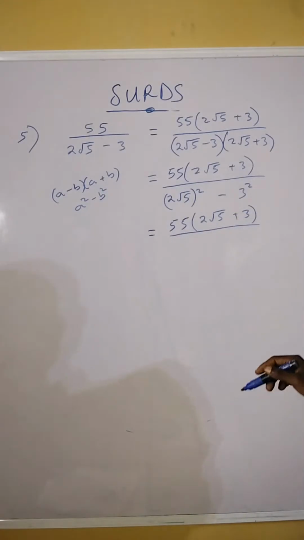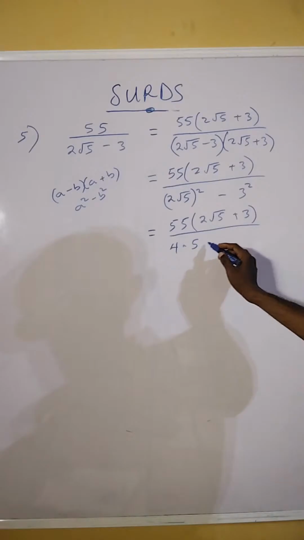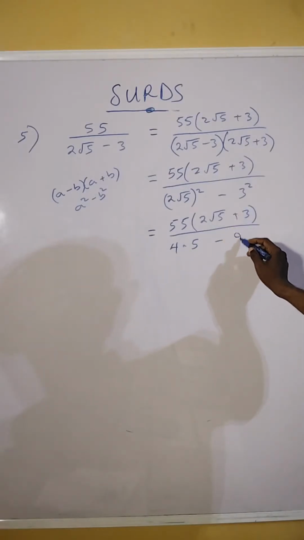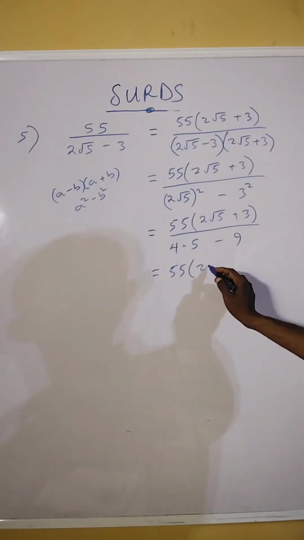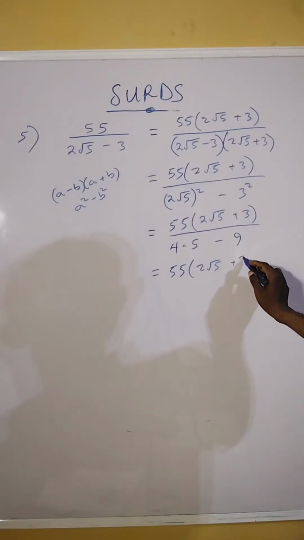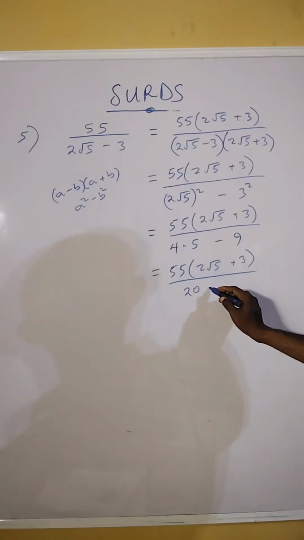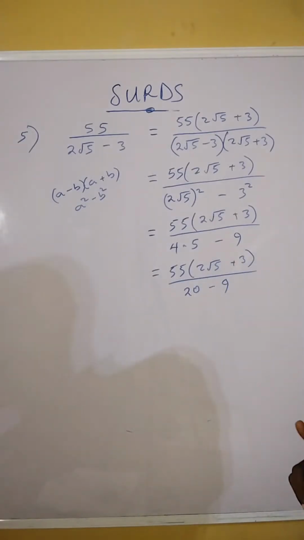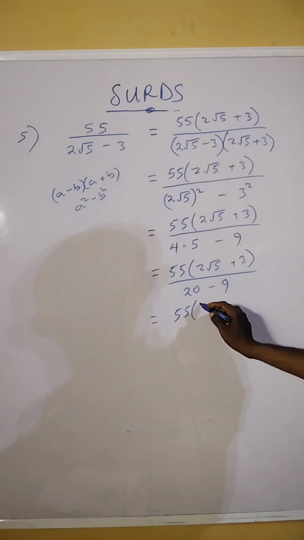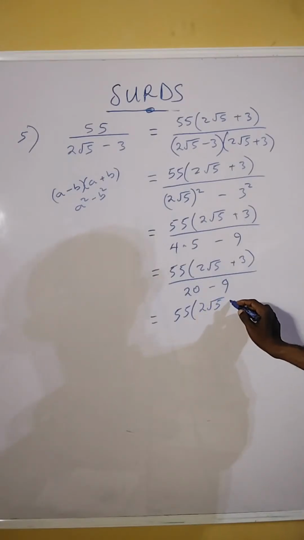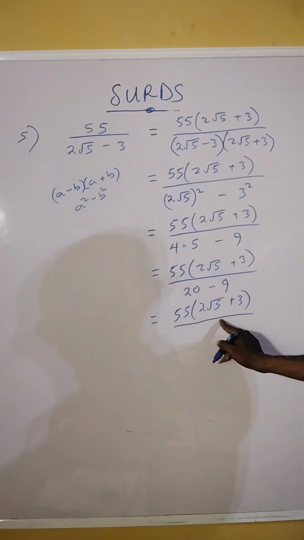whole over. Here the square affects 2, 2 square is 4, times root 5 square, that's 5, then minus 3 square, that's 9. So here we have 55 times 2 root 5 plus 3, then divided by 4 times 5, that's 20, minus 9. Then here we have 55 multiplied by 2 root 5 plus 3, divided by 20 minus 9, that's 11.